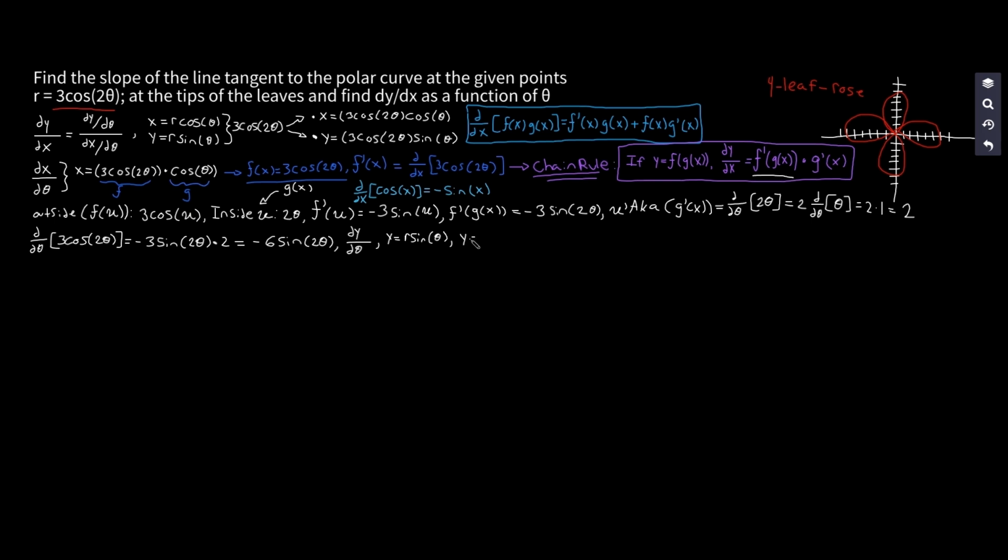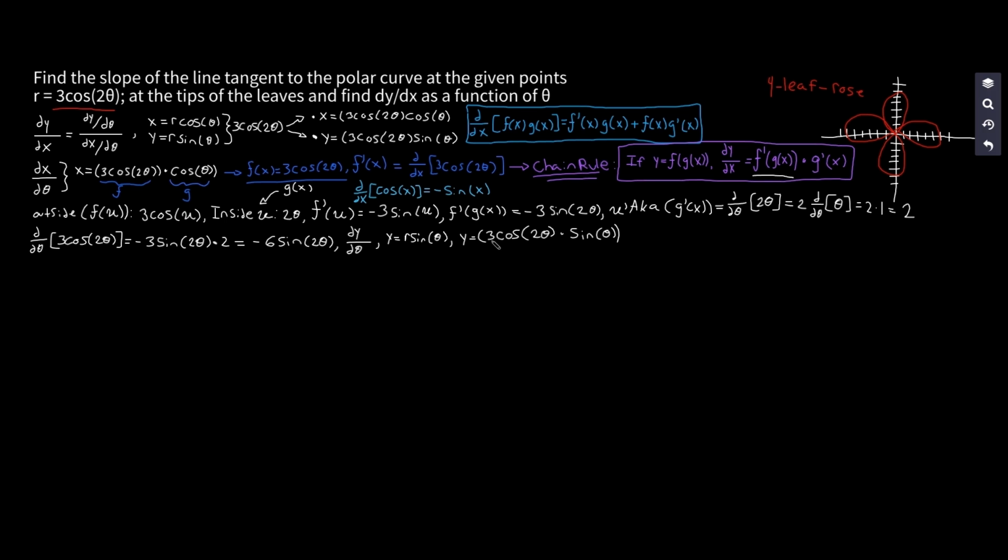Right, so we're going to get y equals 3 times cosine of 2 theta times sine of theta. And because this is a product, it requires the product rule, and we have the product rule right up here.